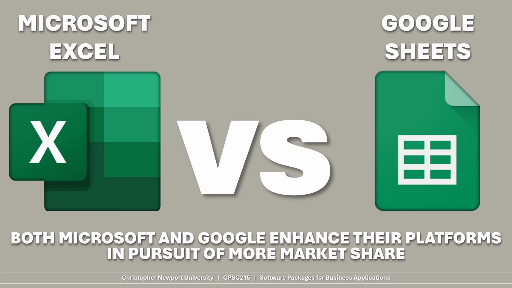So Microsoft a while back introduced Microsoft 365 in an attempt to enable some of the collaboration that Google Sheets provided natively. Google Sheets is also working on adding different types of analytical tools, being able to work with outside data sources, things like that.